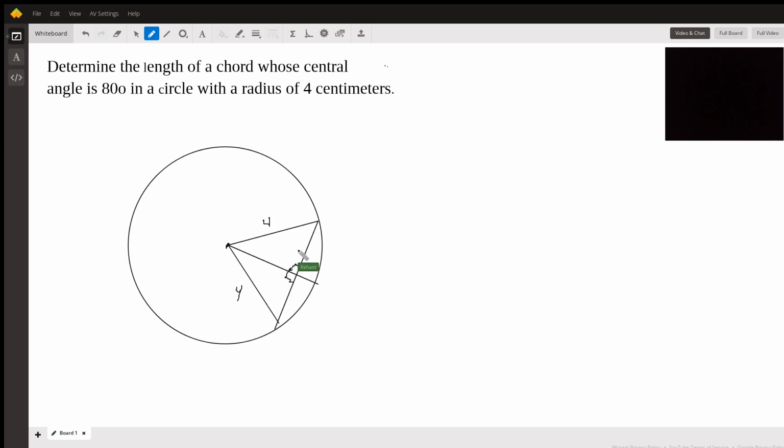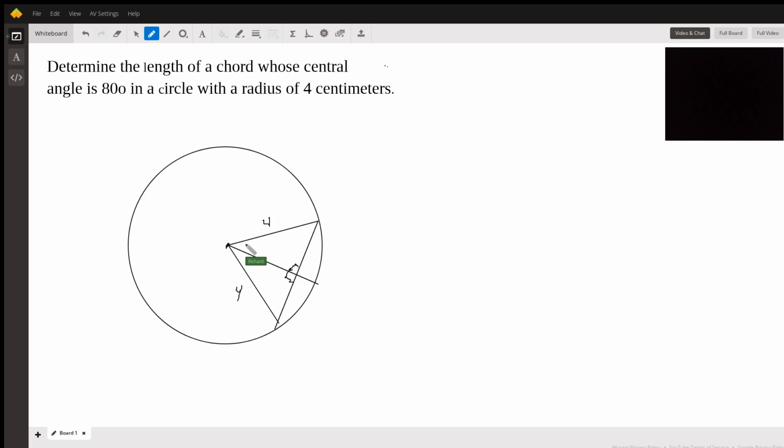It should be clear to you that these two triangles are congruent. They're both right triangles. They have the same hypotenuse and they share the same altitude. So they are congruent triangles from HL. Or you could just remember the theorem about the perpendicular bisector on a chord.